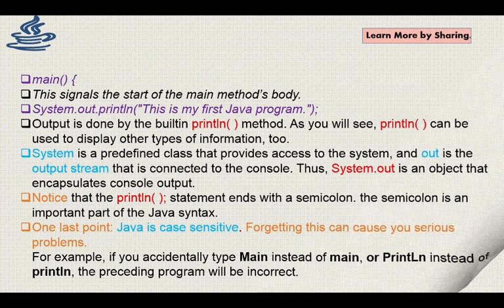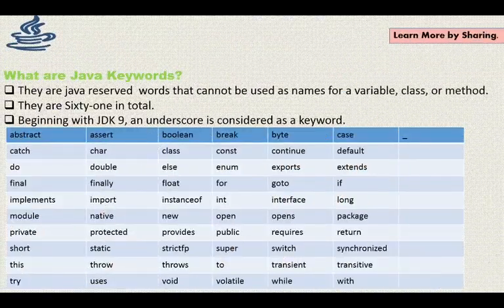Okay, so let's go to the Java keywords. Right, so what are Java keywords? These are words that have been reserved. Okay, you can't touch these words. For example, when you want to name your variables, your classes, your methods, you cannot use these words right here in this table.